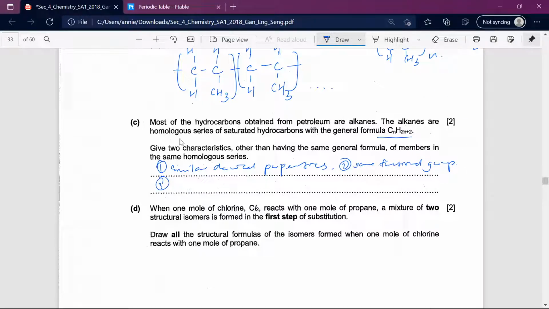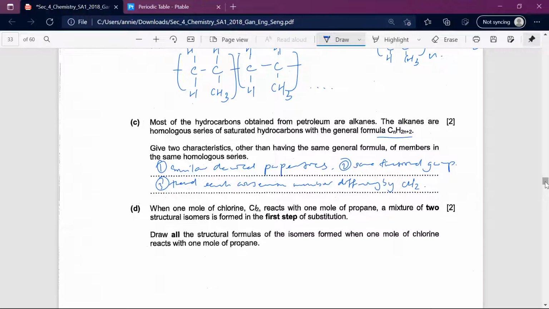And then we also have the trend, where n increases by 1, 2, 3, etc. to form different alkanes. So there is this trend of each consecutive member differing by CH2, because when you increase by 1, you notice that this CH2 will increase as well.